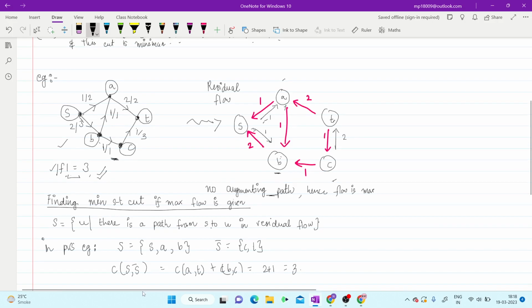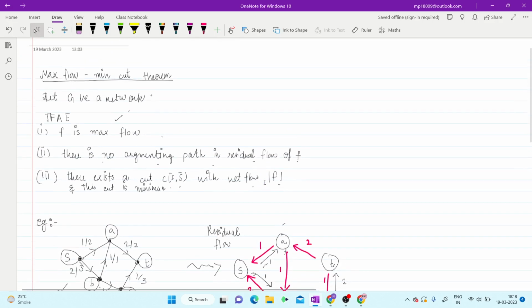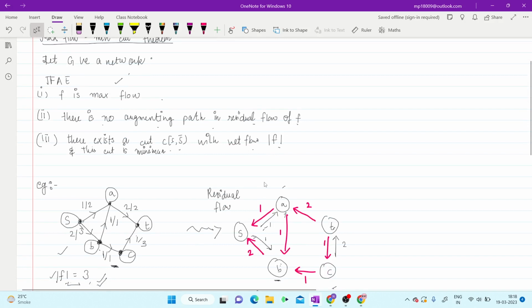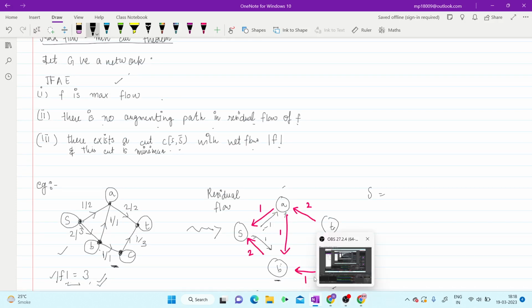So in this example, what are the vertices such that there is a path from S to that vertex? Is there a path from S to A in the residual flow? Yes.